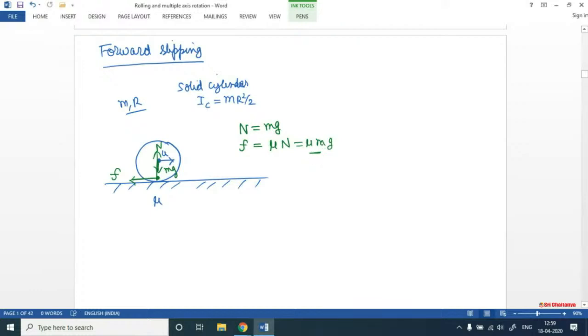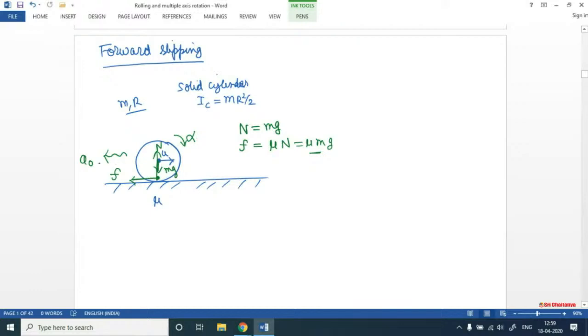Now you must realize that initially this cylinder is not rolling, but this friction will produce the linear retardation. So acceleration would be opposite to velocity. So a naught we can find out, and this friction will be producing angular acceleration in this direction. So alpha we could find out over here.